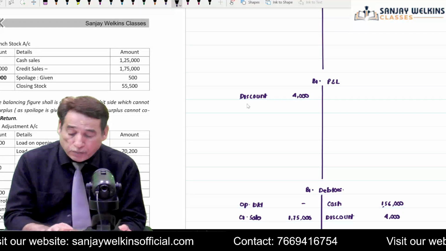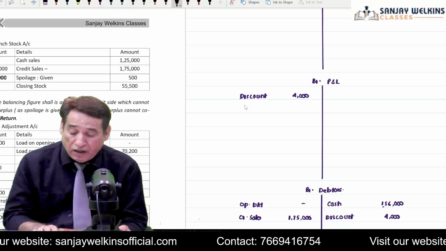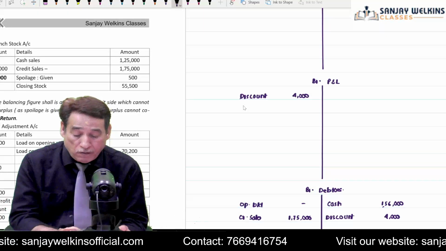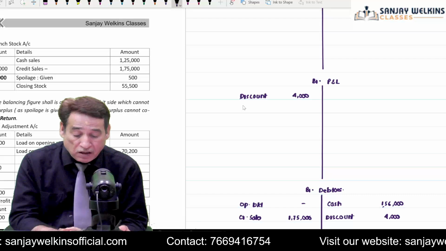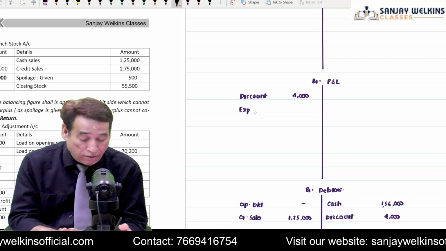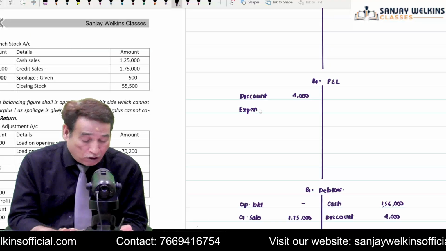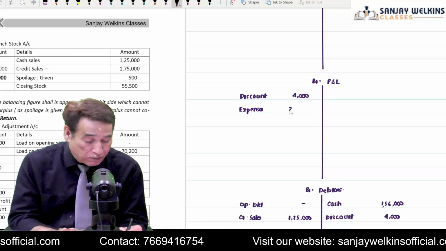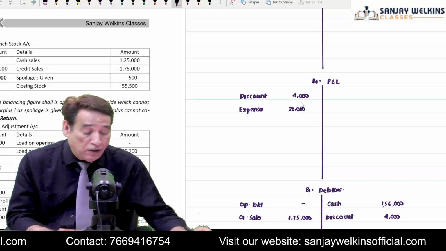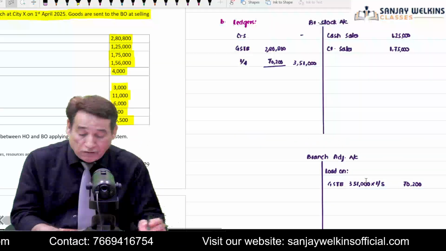Then all the expenses: wages 3,000, freight 11,000, that makes 14, plus 6 other expenses. So I am directly writing expenses 20,000 here. Correct? Then in this question, spoilage is given to us.